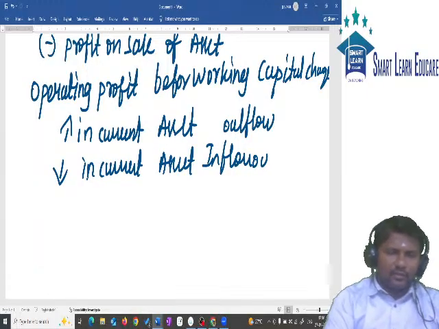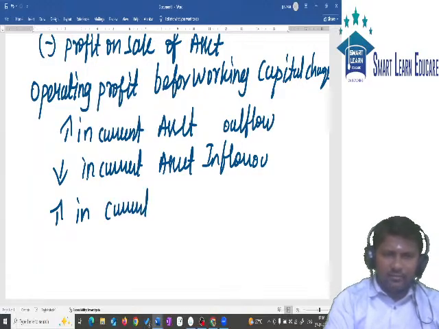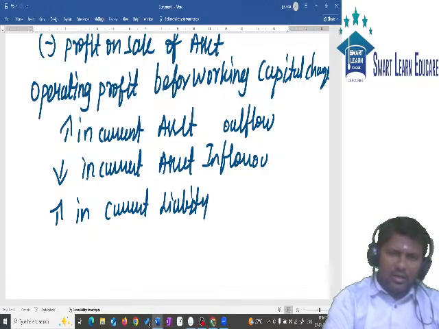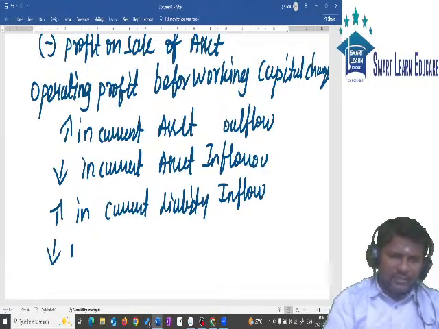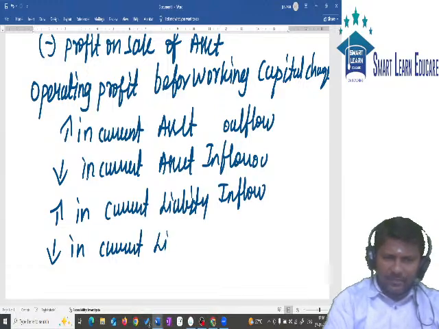Then increase in current liability is inflow, and decrease in current liability is outflow.